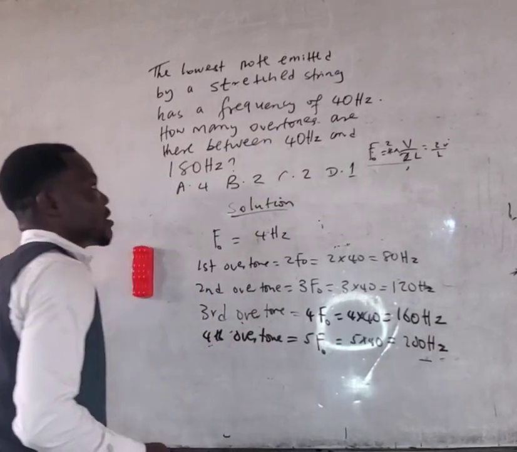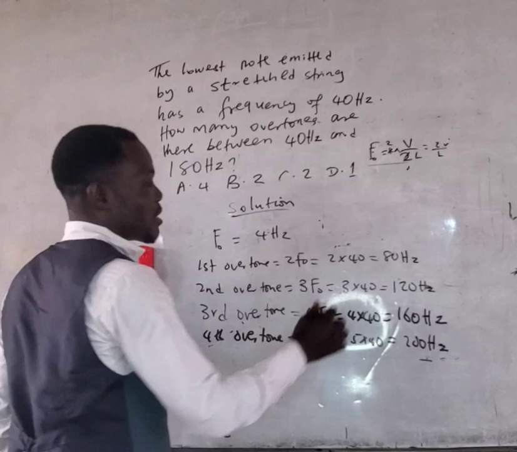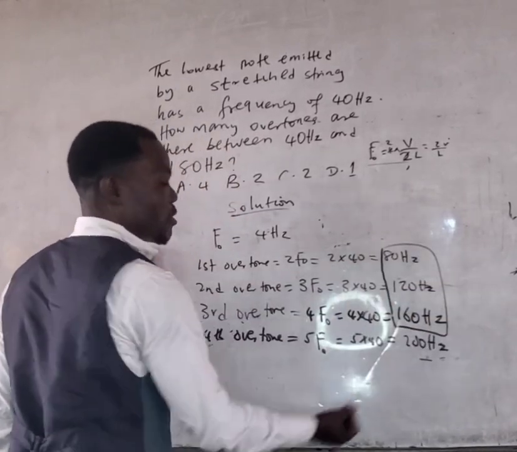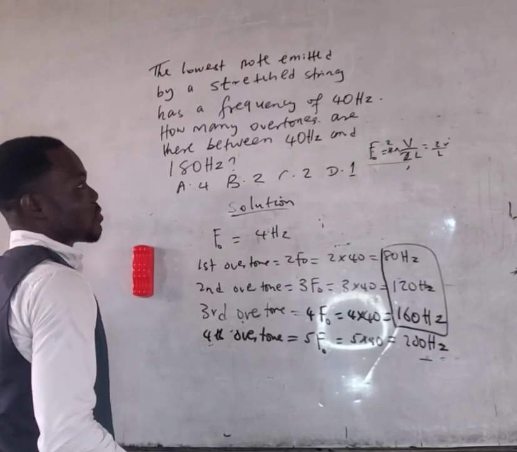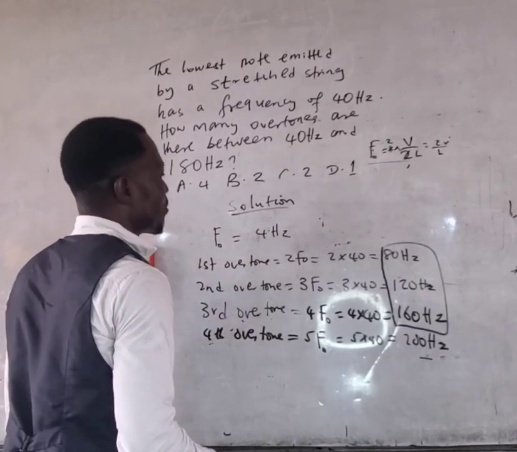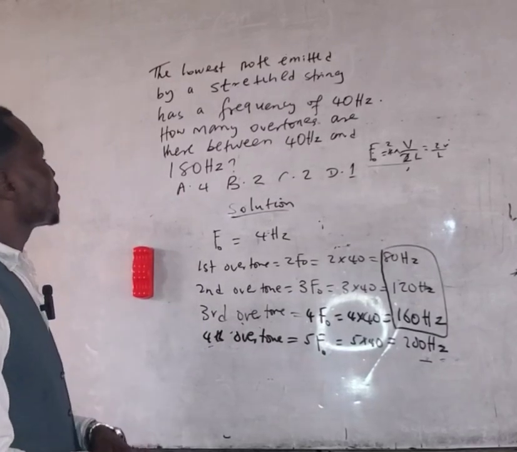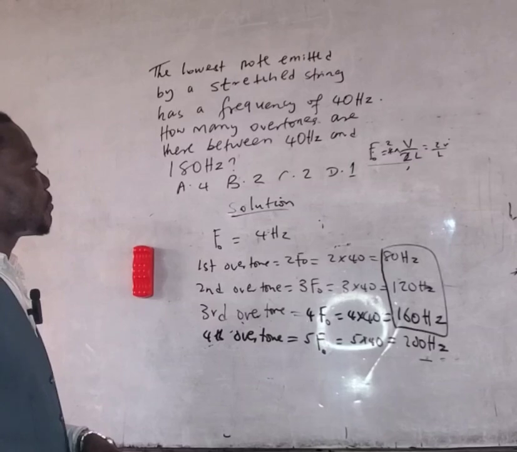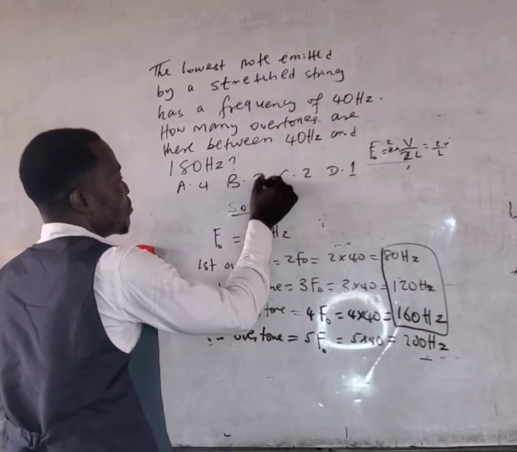Now let's pick our answer. They said between 40 and 180. So these are the values that occur between 40 and 180. This one is already 200, above 180. So how many overtones? We have 3 overtones.